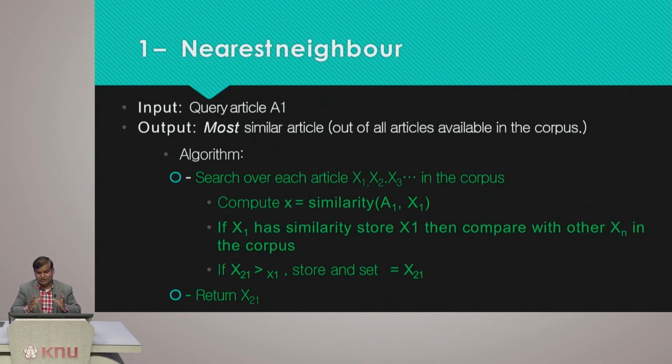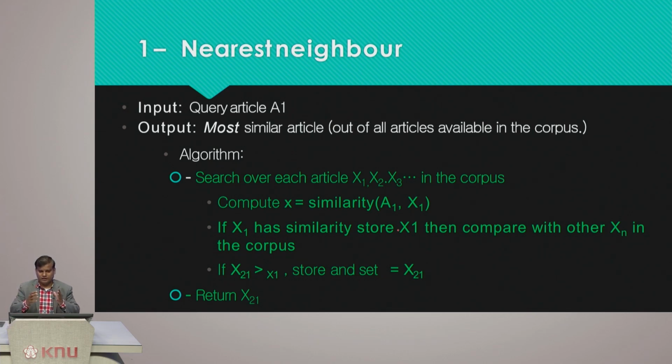If x1 has a similarity score, then you are going to store or save x1, because you already compared the A1 article with the x1 article, and now we find that x1 has some similarity score. Then you compare with the other articles in the corpus until xn. Say in our search we found x21, another article which is more similar to A1.